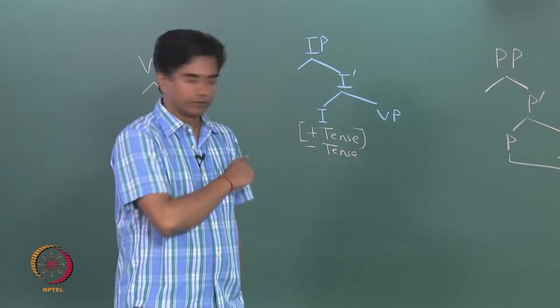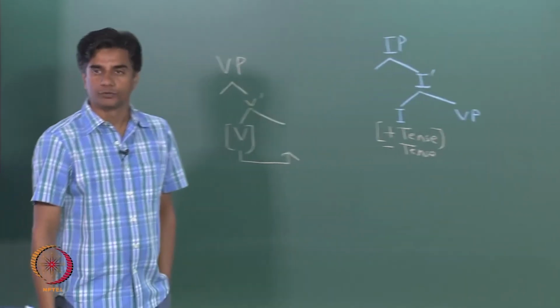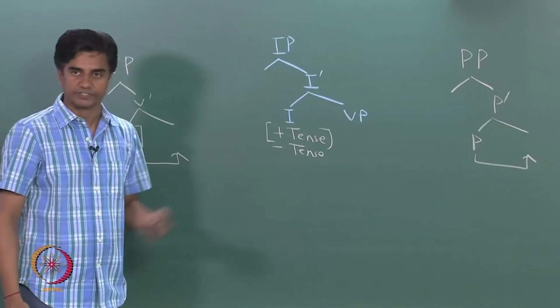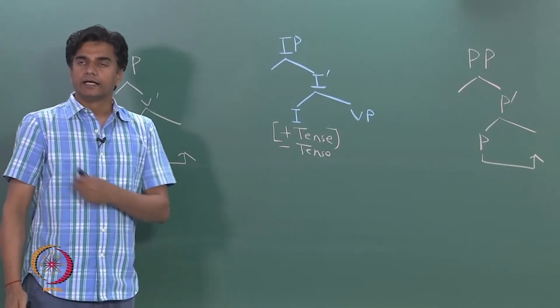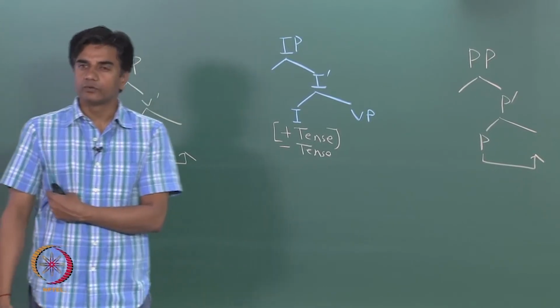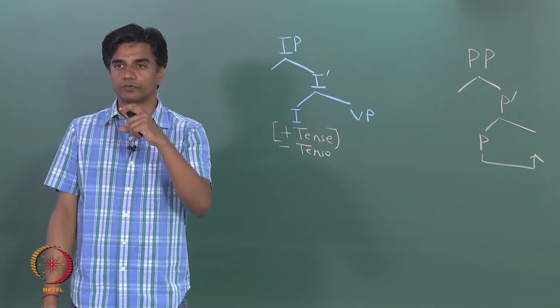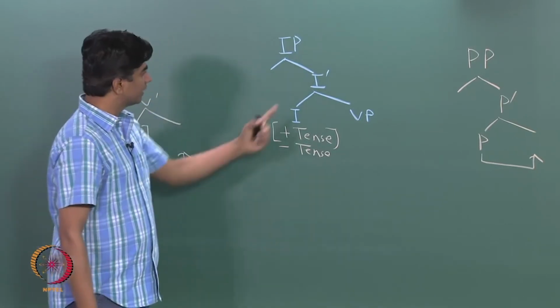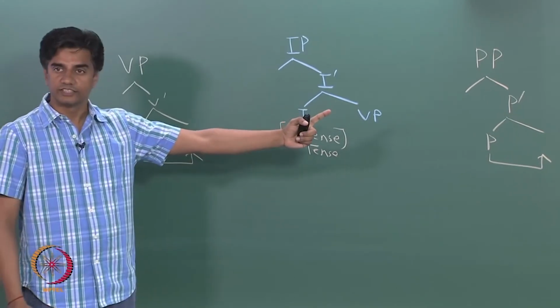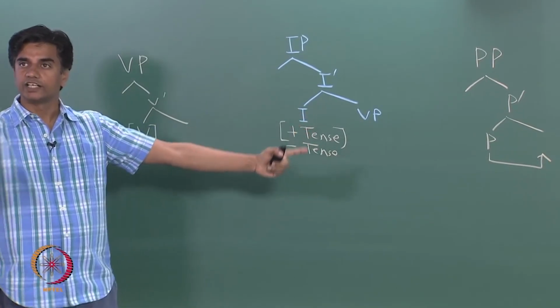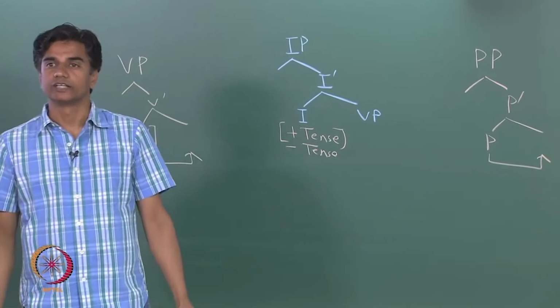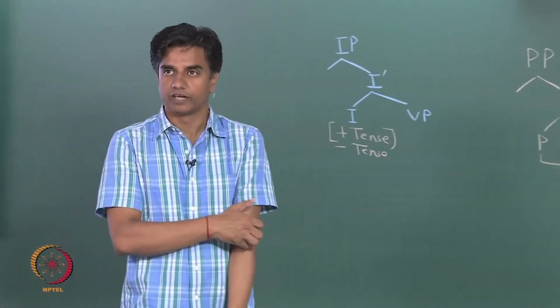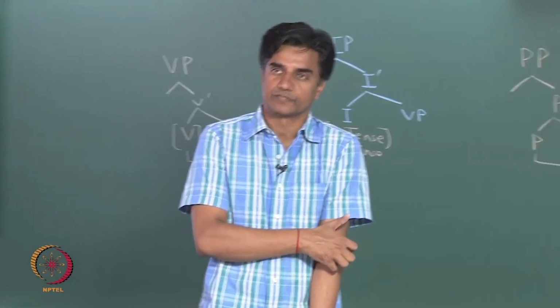Let's first look at verbs and postpositions and prepositions. And before that, we need to look at the notion of government and c-command. Look at all the structures that are in front of you and try to understand the notion of government first and then the notion of c-command.